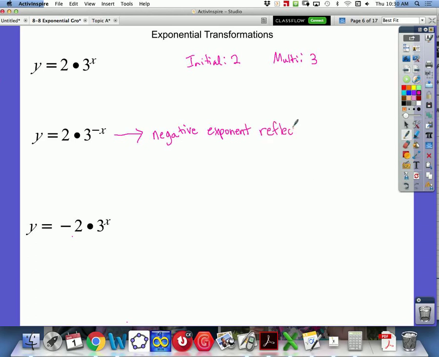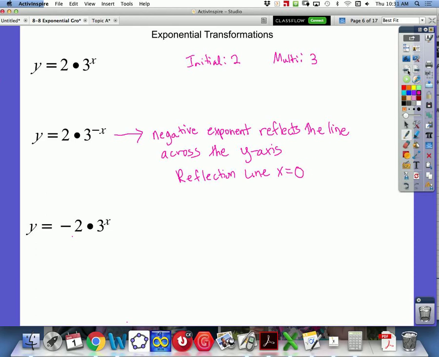reflects the line across the y-axis. And technically that means the reflection line is at x equals 0.